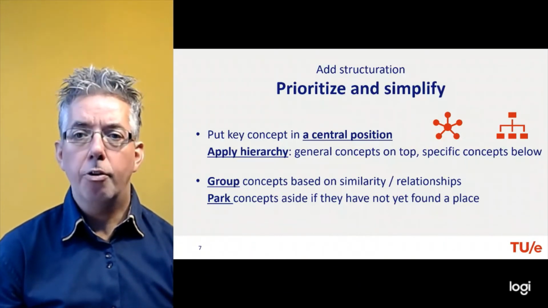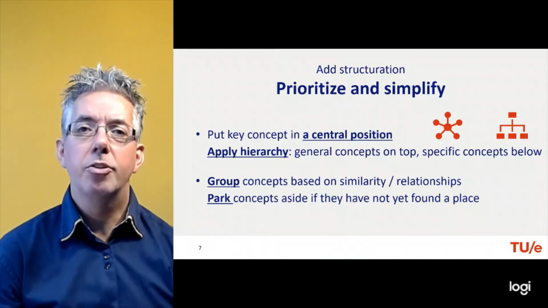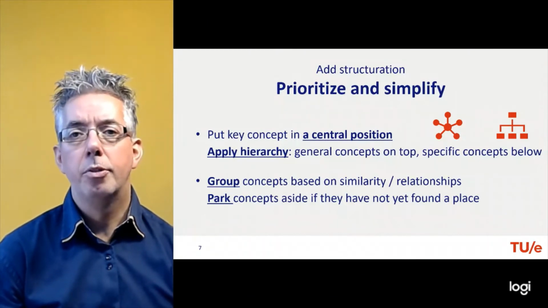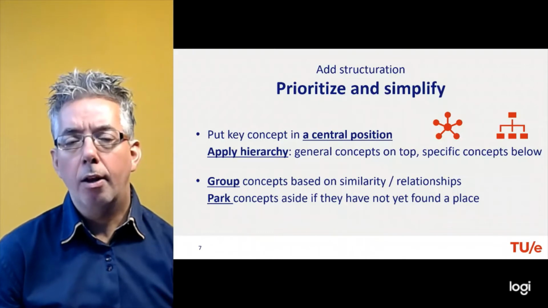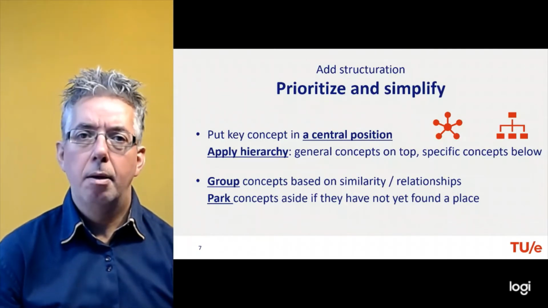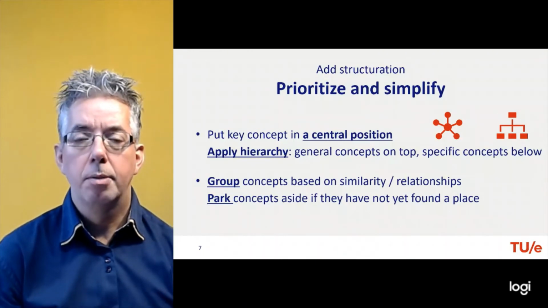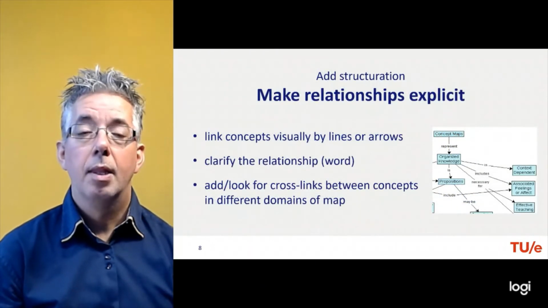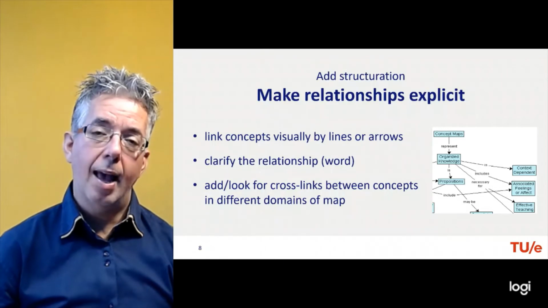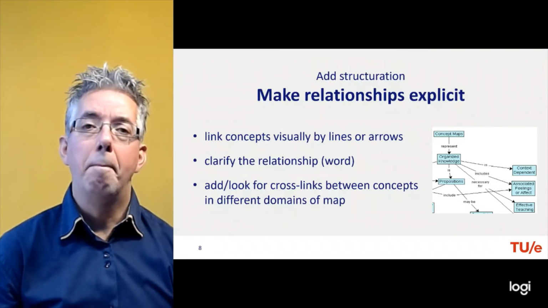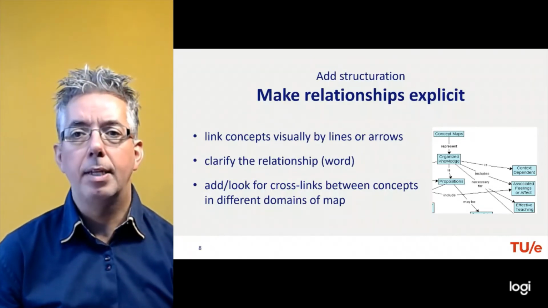Simplification can be the result of grouping of concepts based on similarity and relationships, or parking concepts outside the diagram that don't show obvious relationships with the other ones. And after that you can add structuration, making relationships explicit.